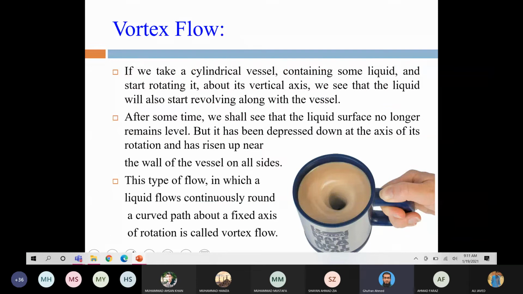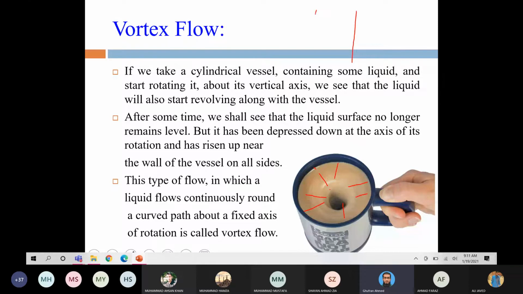In another way, if you just stir a cup of tea, you will see that the fluid is in a moving state and there is a slight depression towards the center.